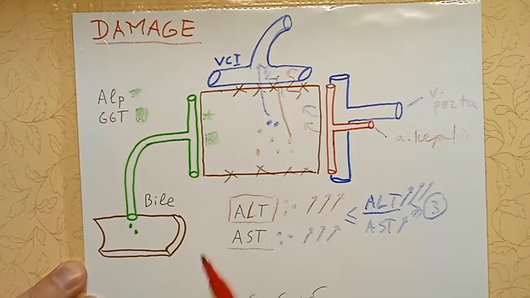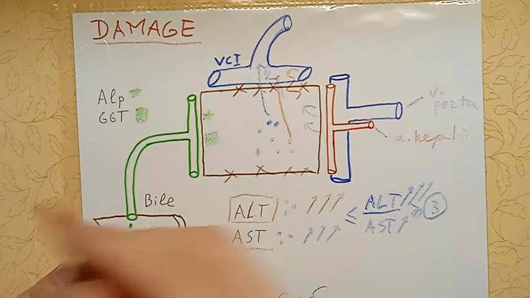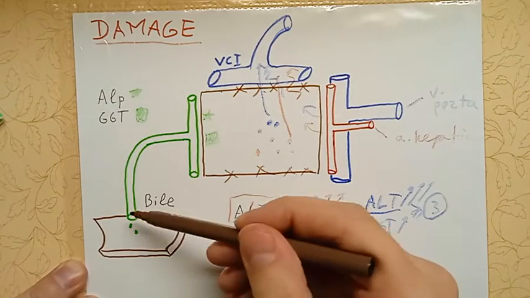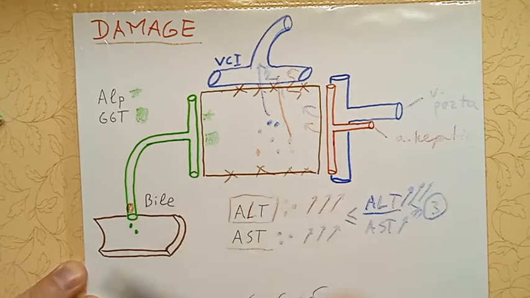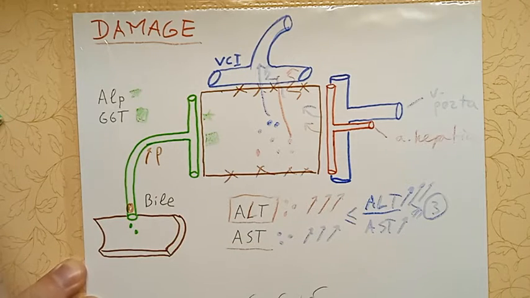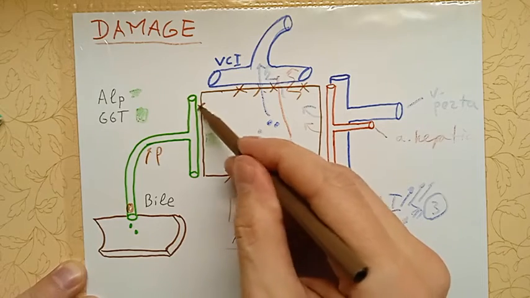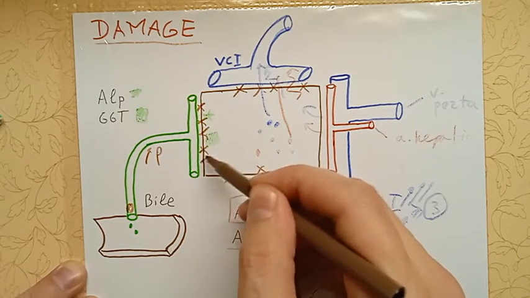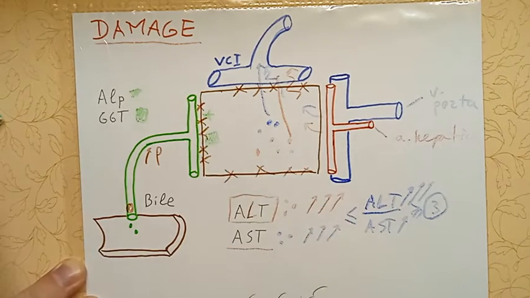But if there is a stone, for example, in a bile tract that increases the pressure in the bile system, it will lead to a damage of the wall that is connected to the bile system.